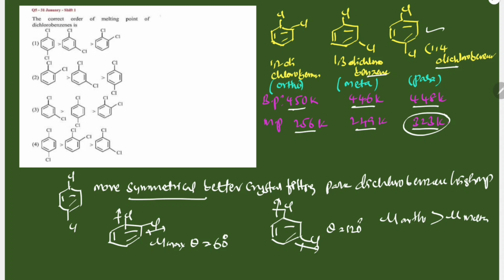The most important point is packing efficiency. The one with the highest packing efficiency has the higher melting point. More packing efficiency is directly proportional to higher melting point and to symmetrical structure.